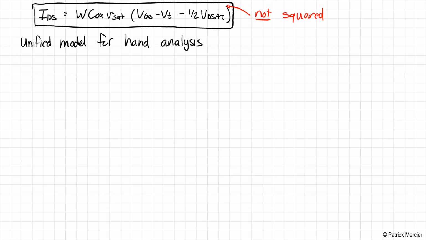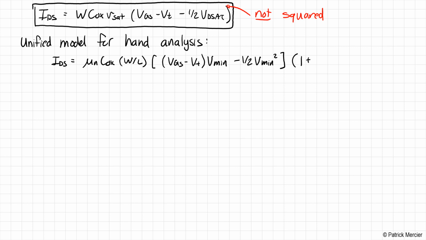This actually follows the derivation in the Rabaey, Chandrakasan, and Nikolic book. So in this unified model, I'm going to say that IDS of the transistor is going to be equal to mu n Cox, again doing this for an NMOS transistor, times W over L times VGS minus VT times a new parameter I'm going to call Vmin, minus 1/2 Vmin squared.